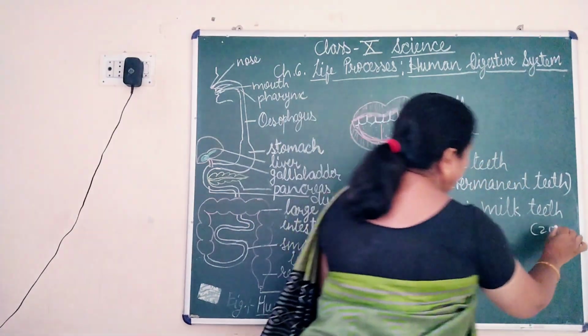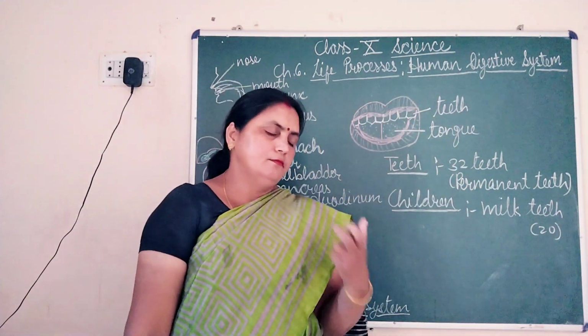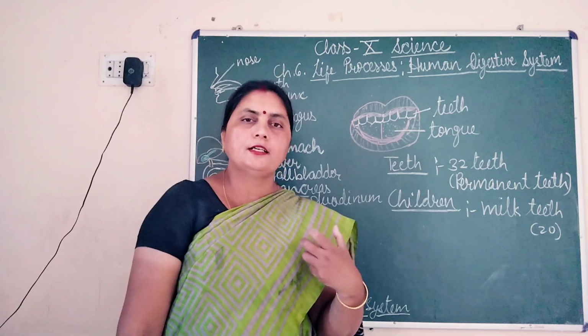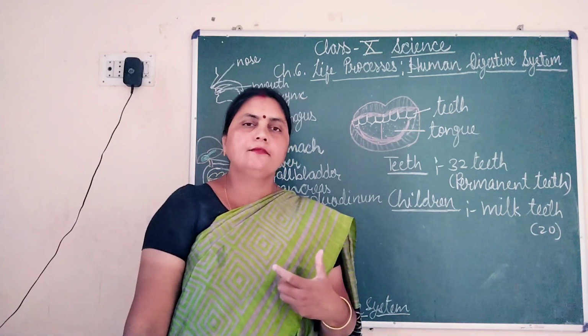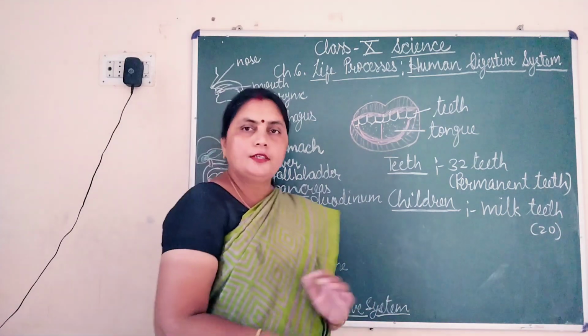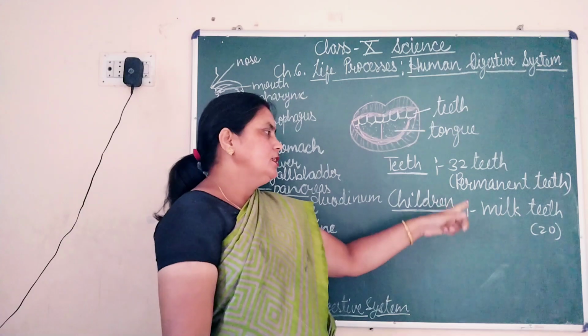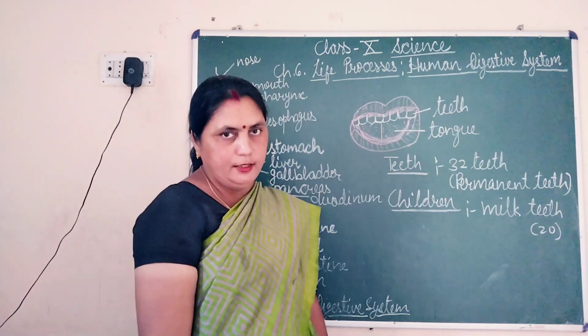The size of our mouth, or I should say the size of our buccal cavity, was also very small. With the course of time, the size of the buccal cavity also increases and these milk teeth fall gradually.